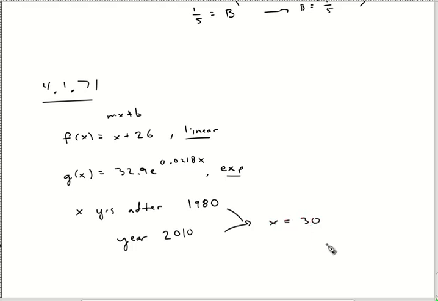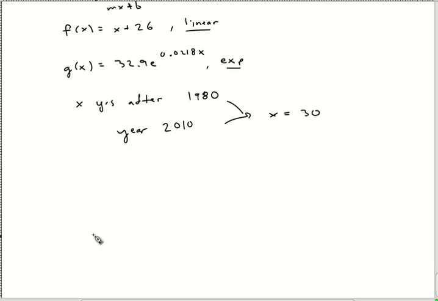Very good. So x equals 30, and they want to compare these two models. So they say, what's going on with the linear model? I put in x equals 30 and plug it in, and then we're done. That was it. So 56. Yay! Now, I believe that this is like a percentage or something. It's not that big of a deal. Your answer is just 56.